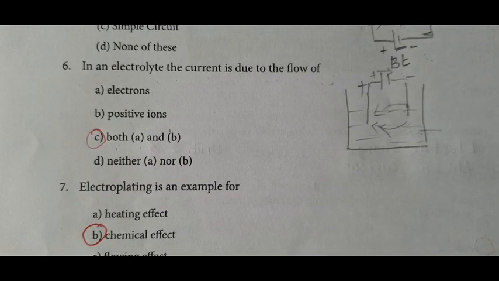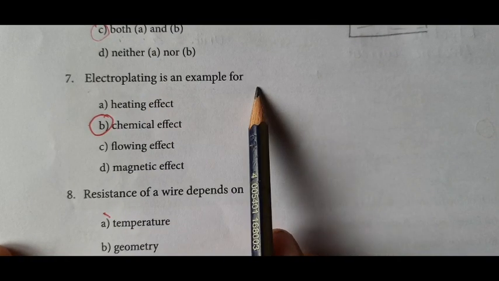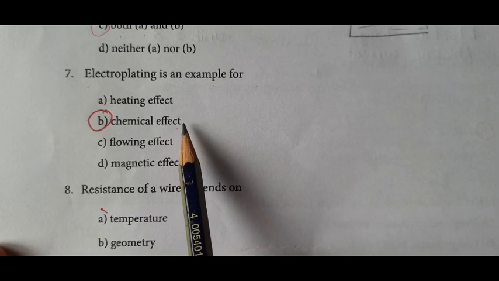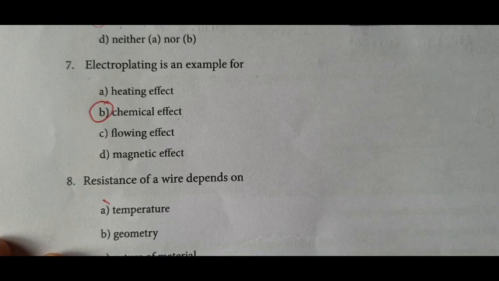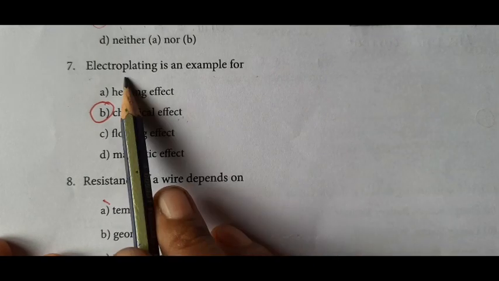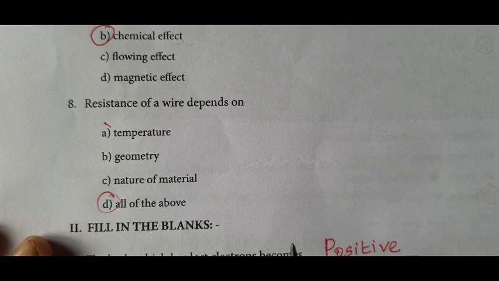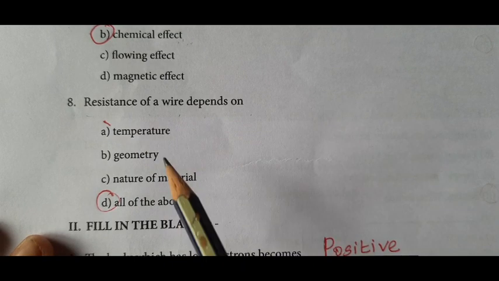Seventh question: electroplating is an example for a chemical effect. Already we know that electricity has three effects: heating effect, chemical effect and magnetic effect. Among these, electroplating is one of the chemical effects. Eighth question: resistance of a wire depends on temperature.